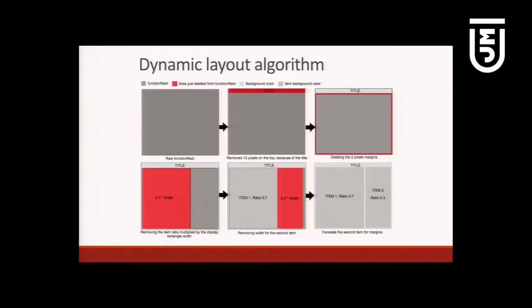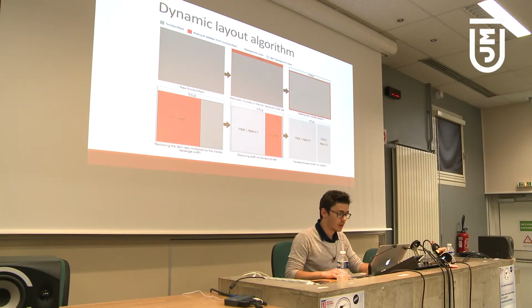It's a pretty simple example, but we have a functioning layout system which is dynamic and can be resized at pretty much every moment. So that's it for the graphical interface part of it.